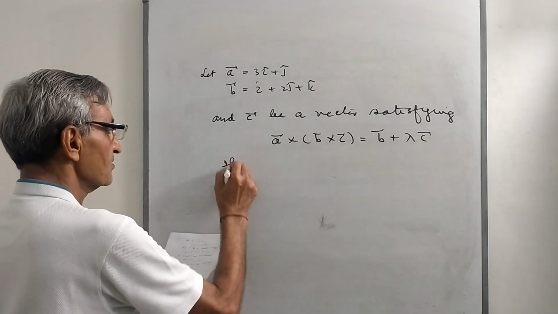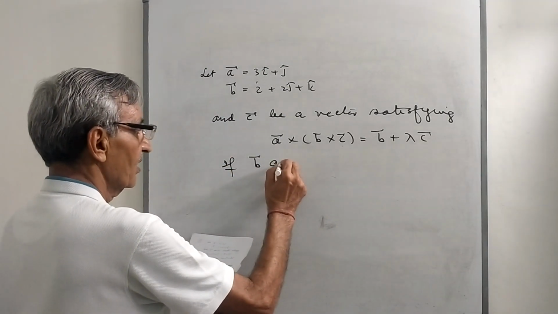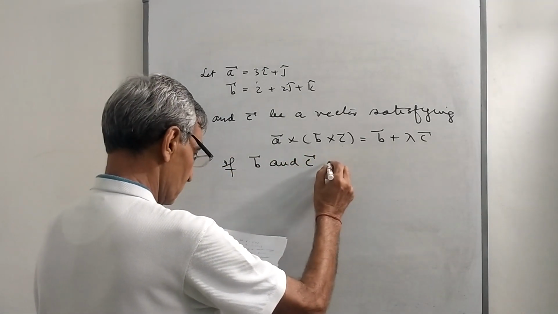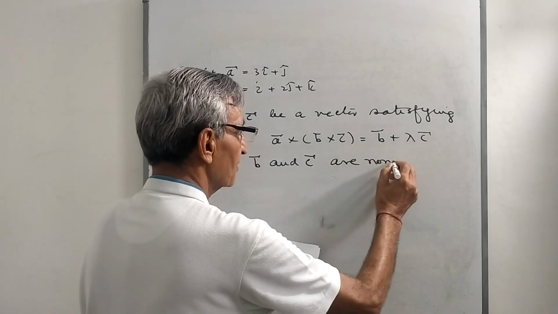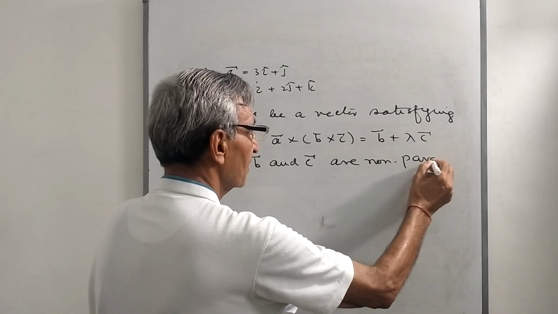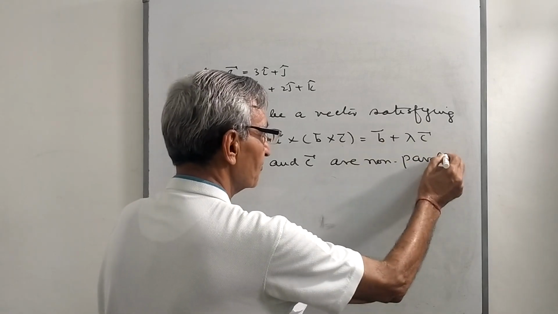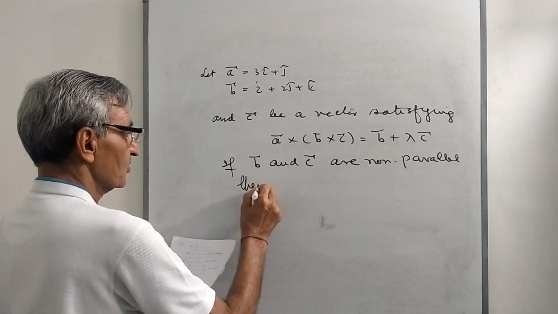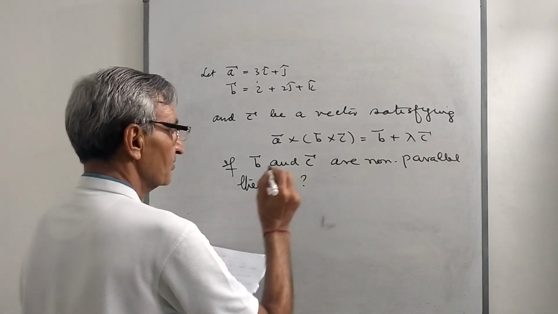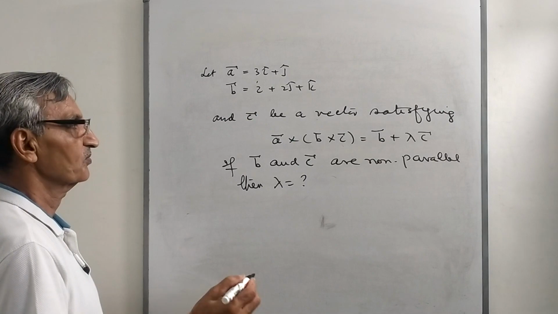And if B and C are non-parallel, not parallel, it means B cross C will not be equal to 0. Then what is lambda equal to? And the answer is equal to -5.